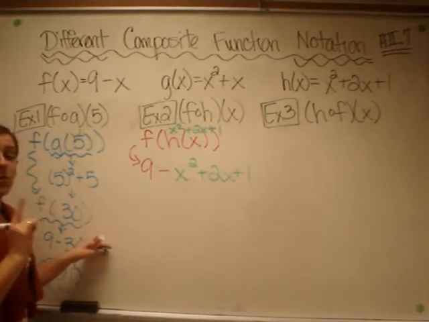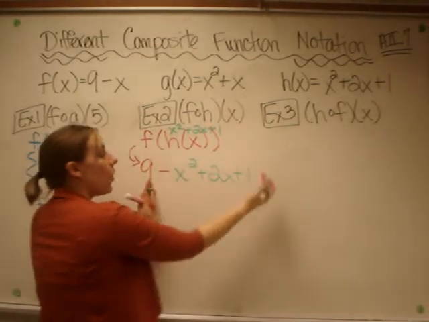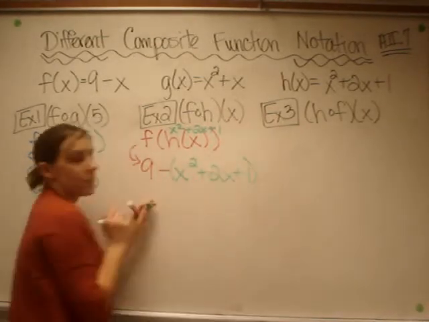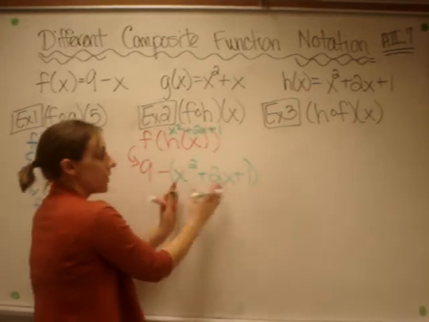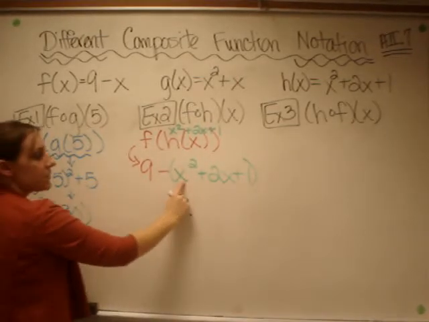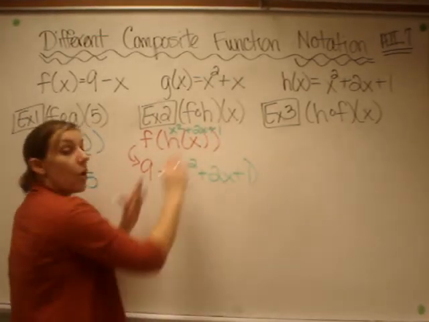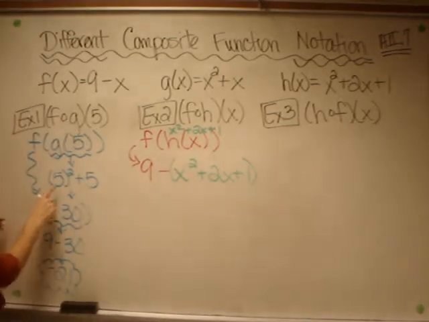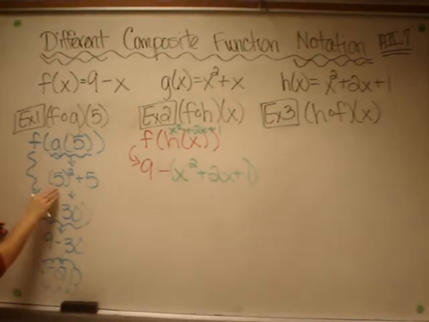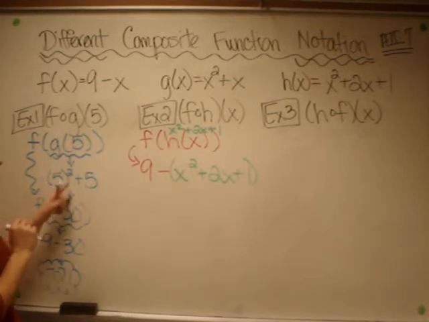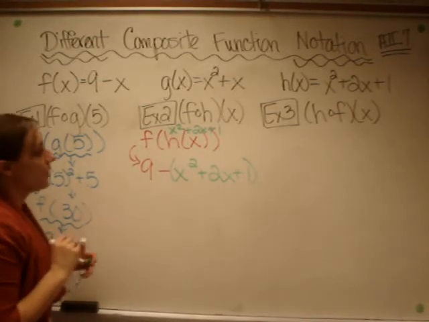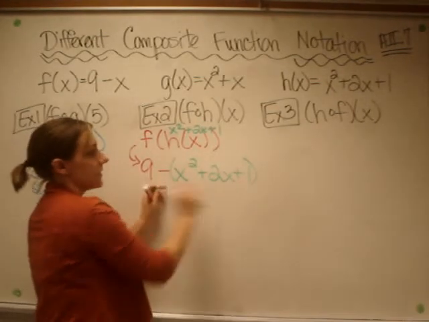And just be careful, when we do that, since it's the whole thing, you have to put parentheses around it. It's the group that we are subtracting. We're not just subtracting that, we're subtracting the whole function, okay? Just like here, we put a parenthesis around the 5 because everything needs to square, and in this case, everything needs to subtract.